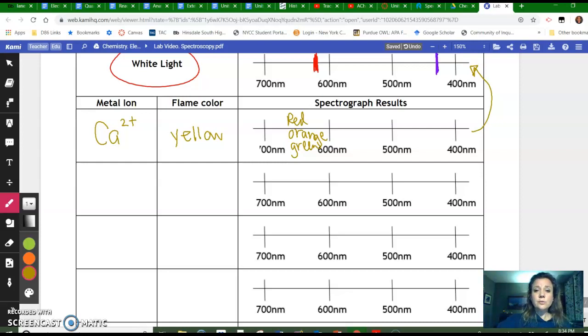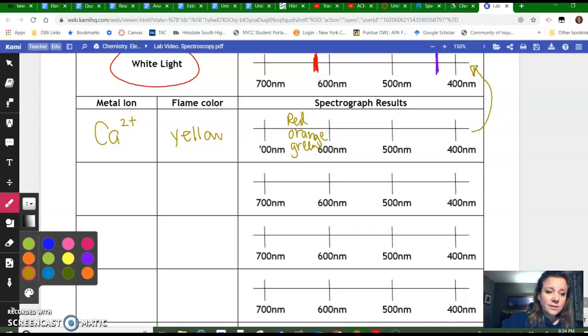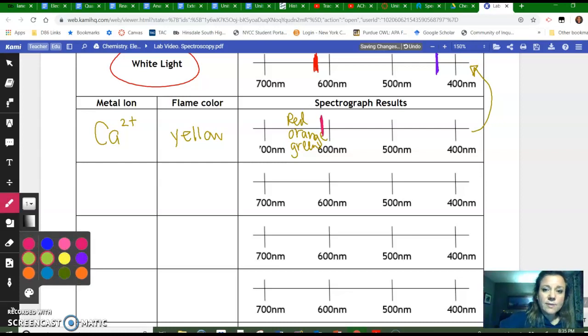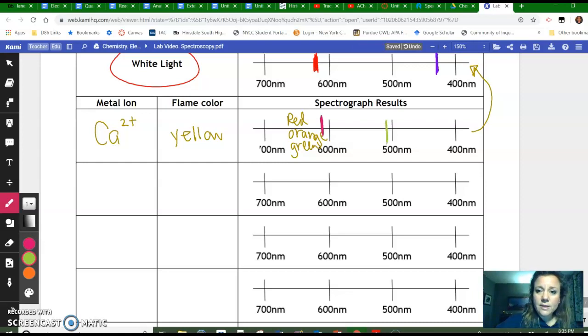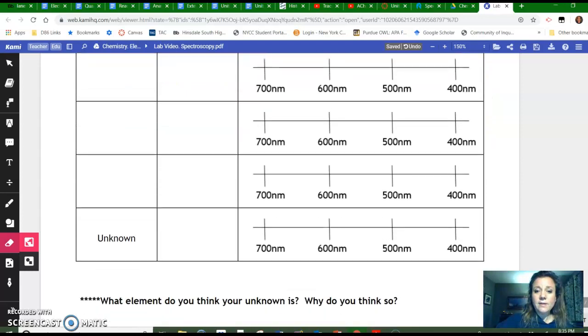So later you can go back and say, okay, we saw red light, so I'm going to go back and pick my red color, and I'm going to put my red here, and my green over where green is, and then orange wherever orange ought to be, and then you can erase this portion. So that's how you're going to do all of the little graphs that you have on this page.